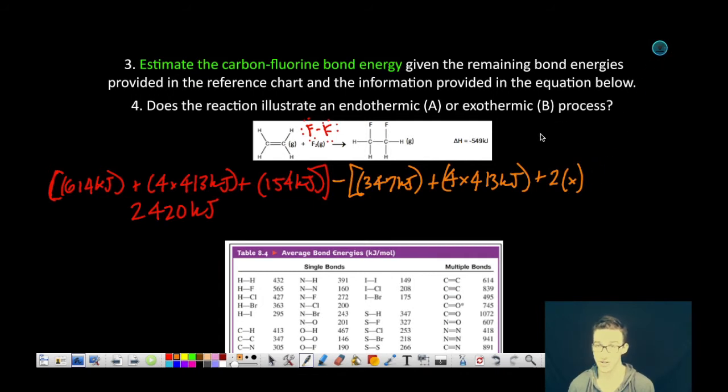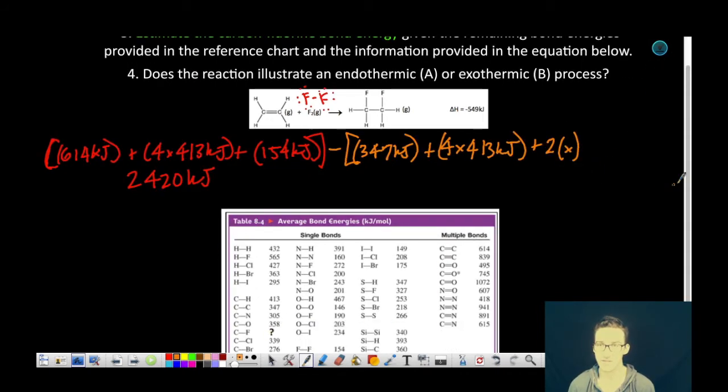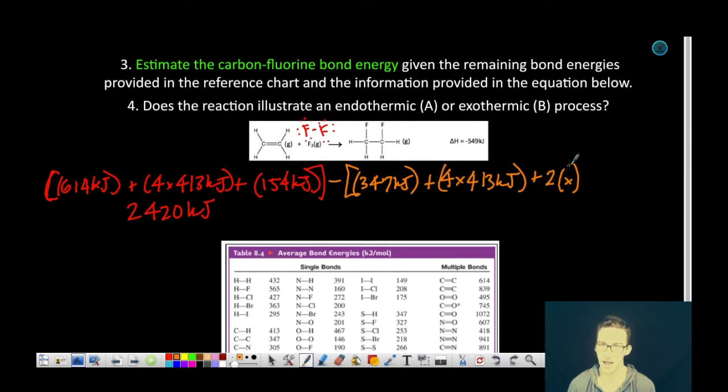I don't know what that bond energy is because, tragically, it's been left out of my bond energies chart. However, lucky enough for me, there is an enthalpy change already provided for this reaction, which is negative 549 kilojoules.